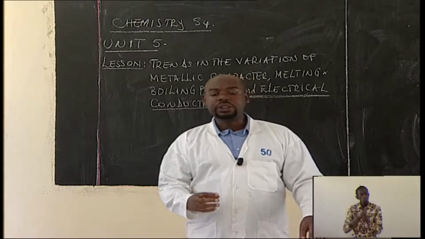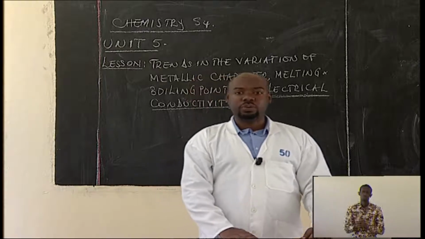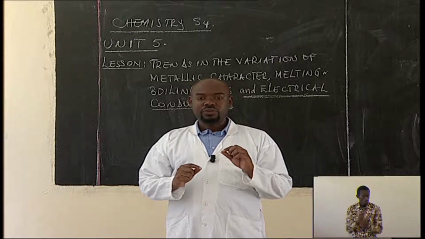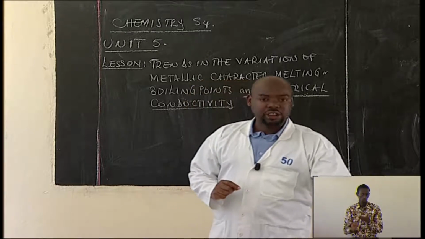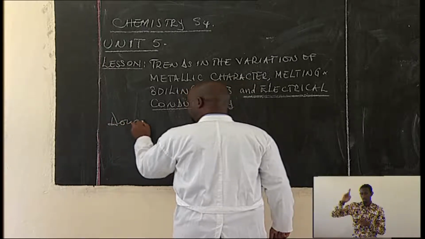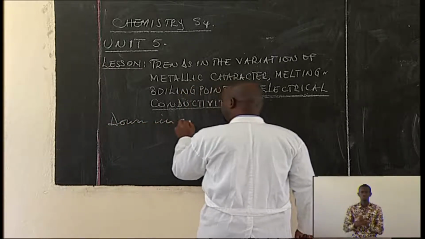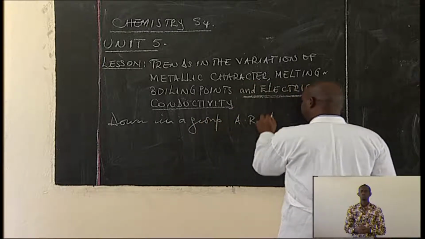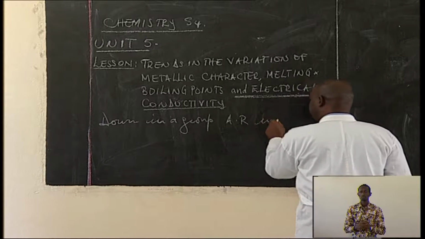Now, what happens when we go down in a given group? When we move down in a given group, remember, the atomic radius, how does it change? Down in a group, atomic radius increases.